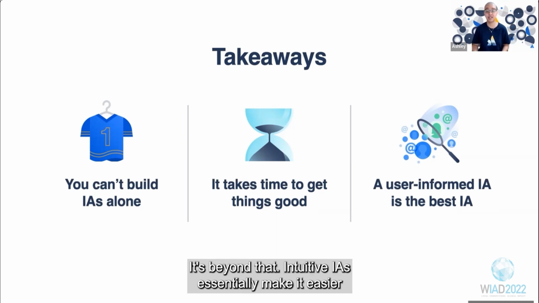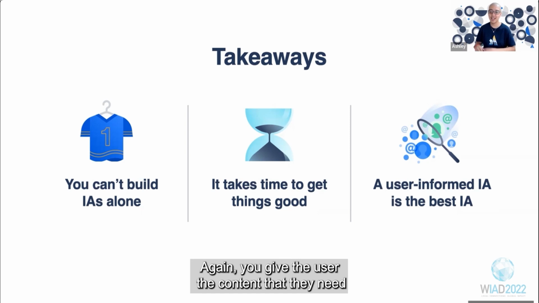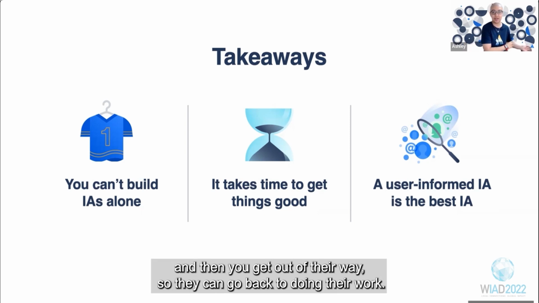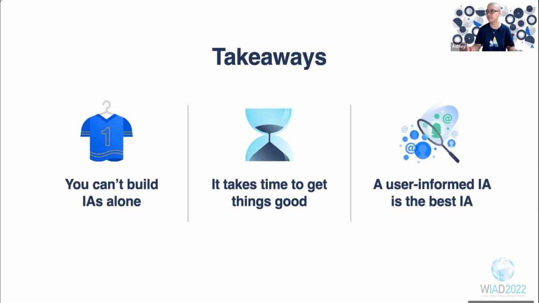It's beyond that. Intuitive IAs essentially make it easier for users to connect to the content itself. Again, you give the user the content that they need, and then you get out of their way so they can go back to doing their work. That's essentially your role. You're a supporting actor in this grand, big movie.